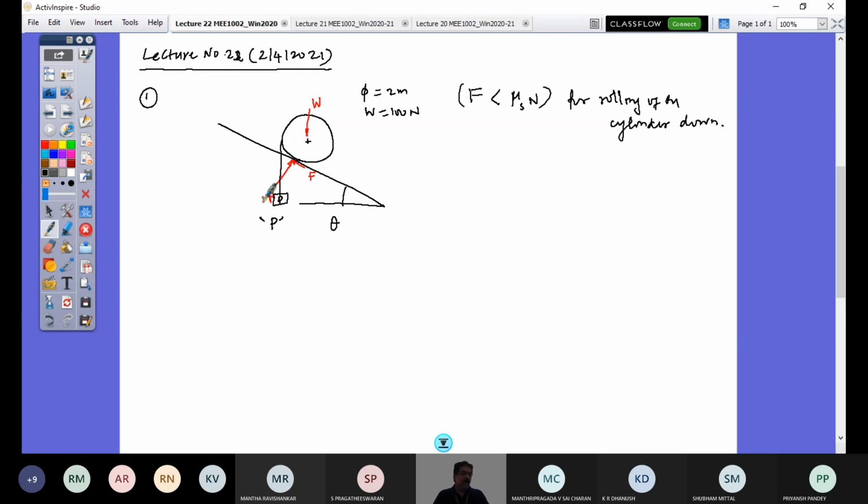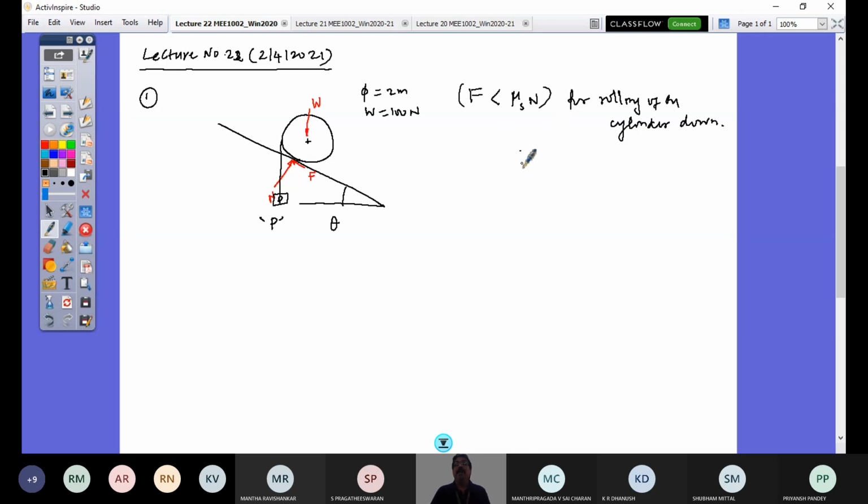So now, what is the question? If slipping means instead of rolling, if sliding is to impend, for sliding or for slipping, the word is slipping here, right?